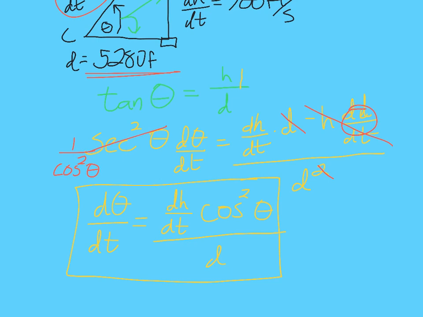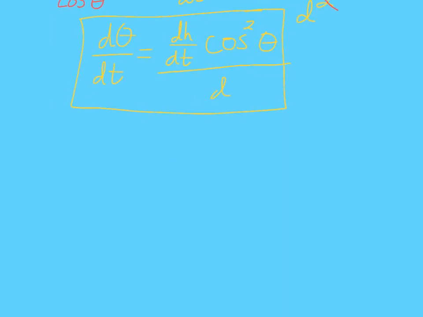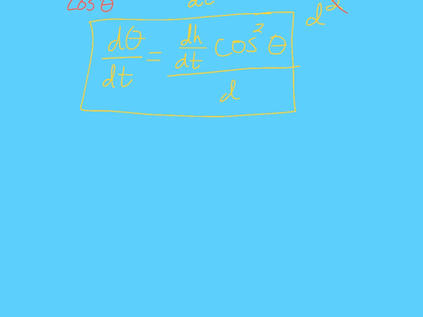So at this point we want to look to substitute. So let's scroll this up. I'm going to substitute in some stuff here. I don't know the d theta dt. That's what I'm trying to solve for. But dh dt, that's the rate of change of height. So if we think back, that was 700 feet per second.